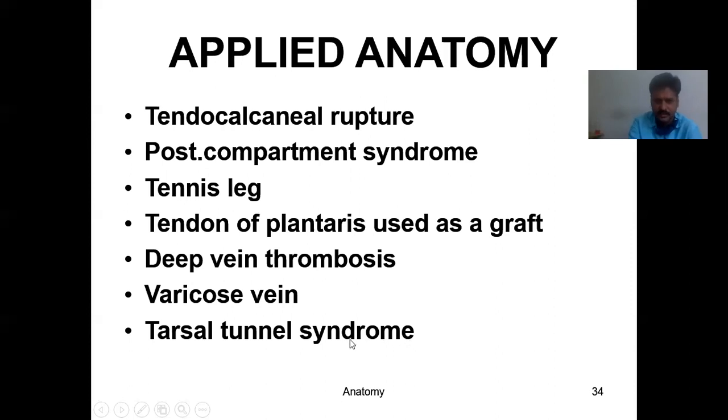Sometimes subjects who have flat feet, pes planus, also might get the tarsal tunnel syndrome, because the medial longitudinal arch is almost flat, and those people are also prone to the tarsal tunnel syndrome.